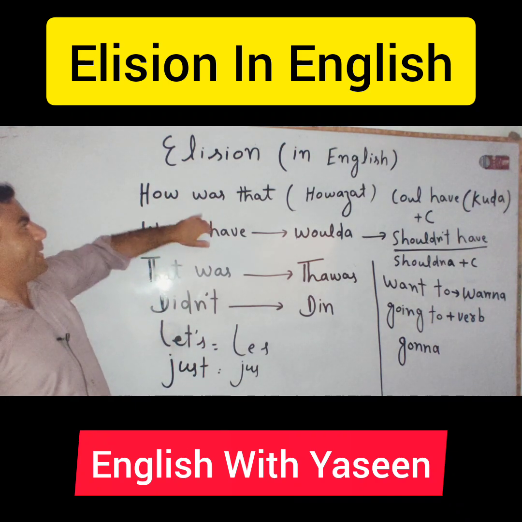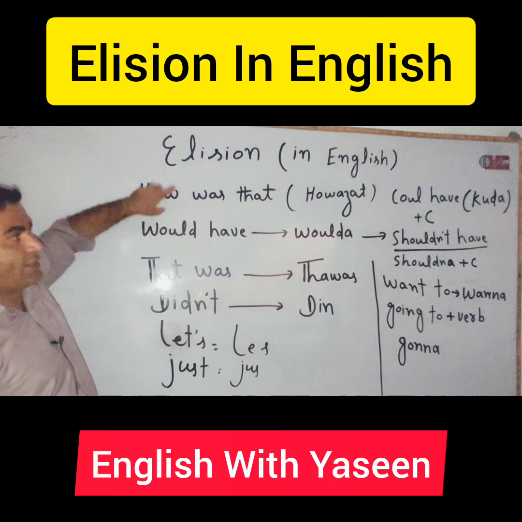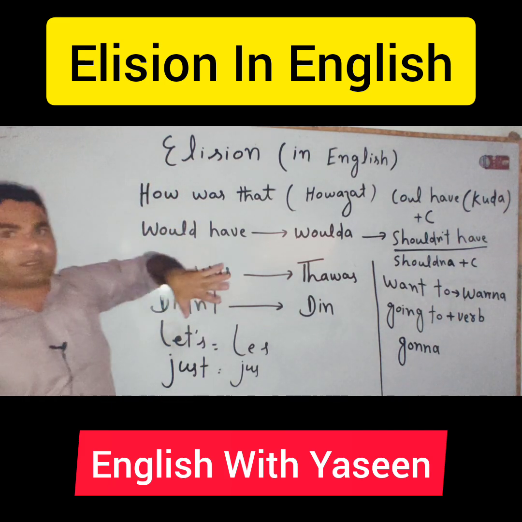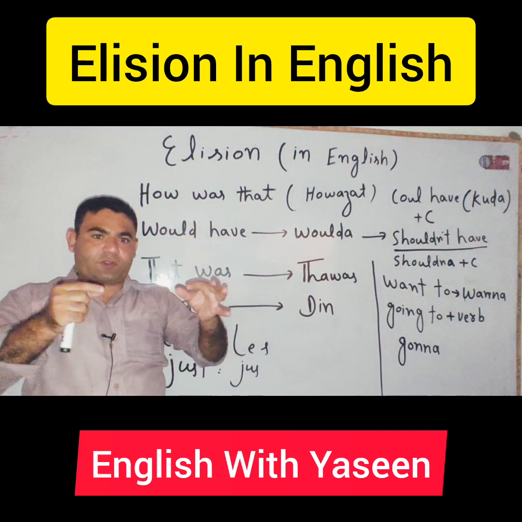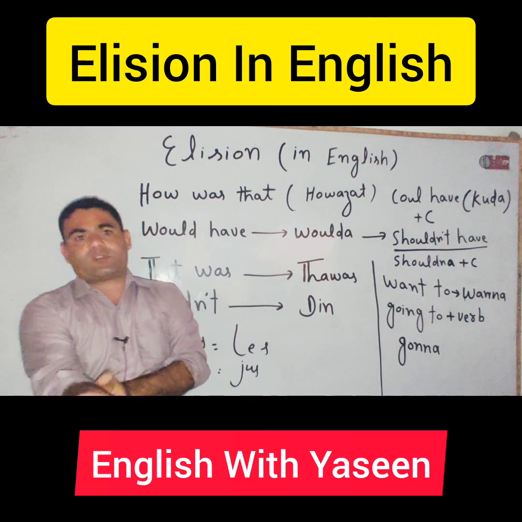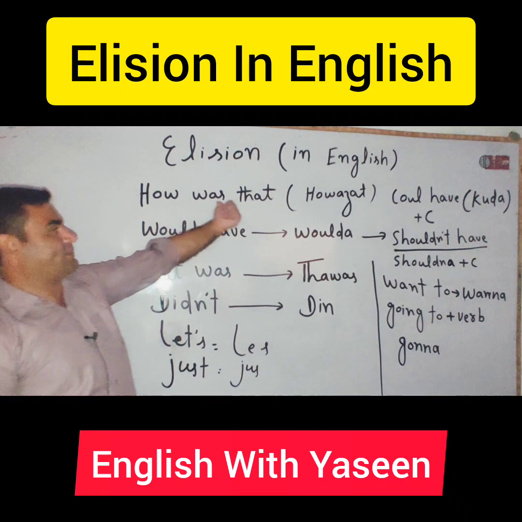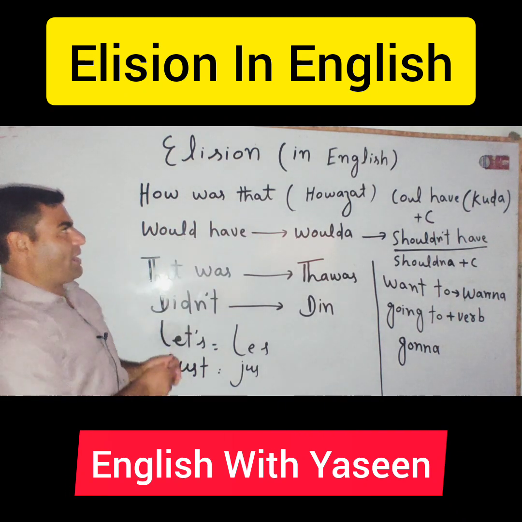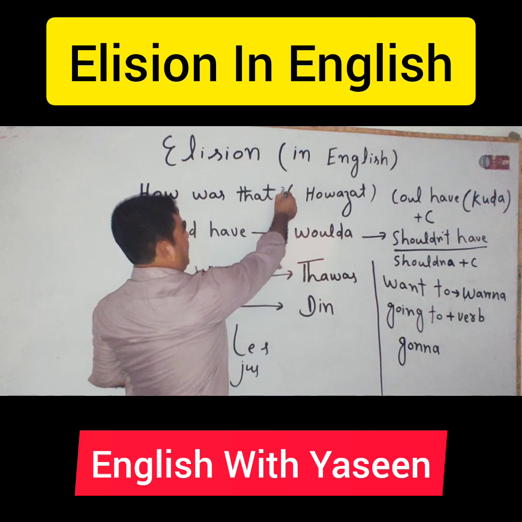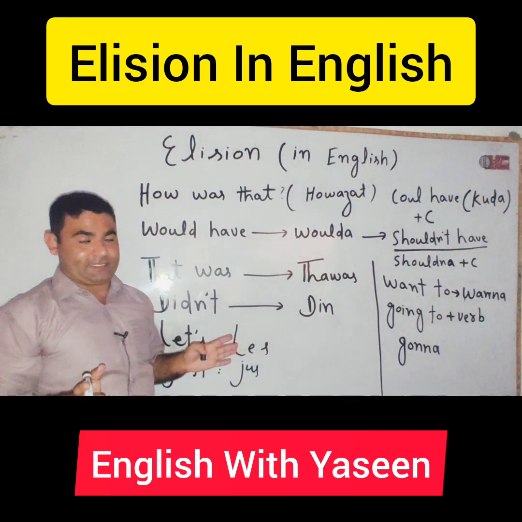Elision occurs in phrases, in words, and even within a single word. There is no rule for elision. If you look at this one, "how was that?", it's an interrogative sentence. It's neither a phrase nor a word, it's a complete sentence.